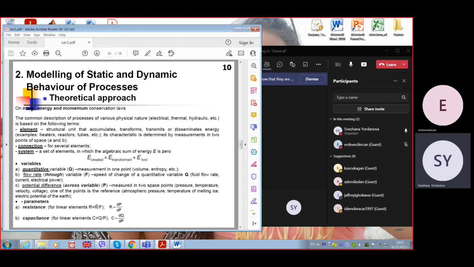This is the variable potential difference over the flow variable, flow rate. Potential difference is voltage. Flow variable is current. If we consider changes, it will be the derivative of the P variable with respect to changes of the F variable, flow variable.